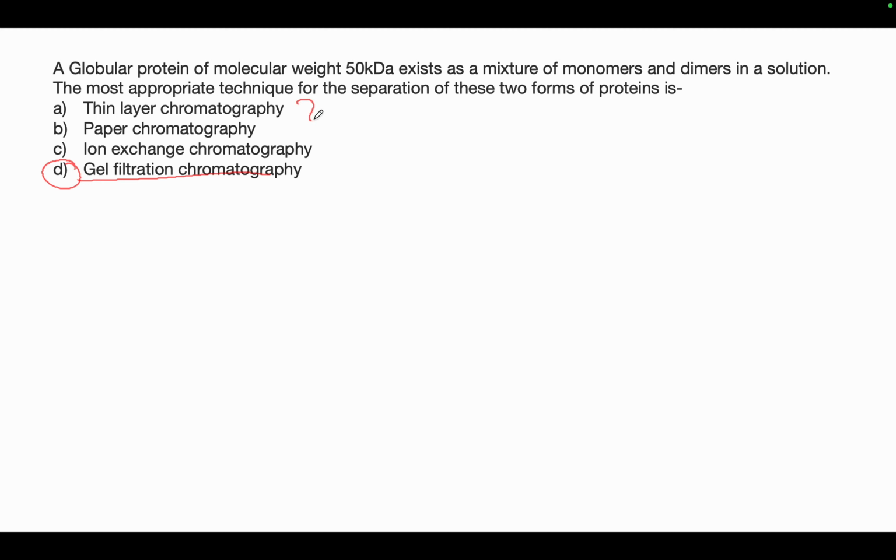Thin layer, paper and ion exchange chromatography all work on the charge on the protein. Here they have not mentioned anything about the charge, but there is a difference in the molecular weight and the size.